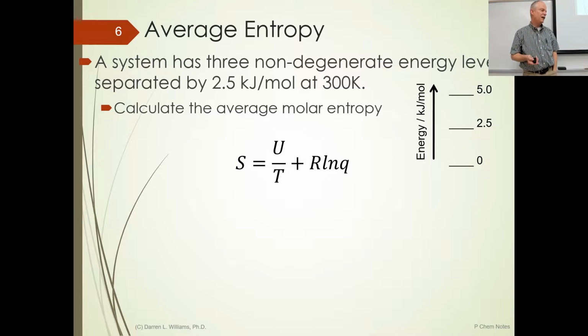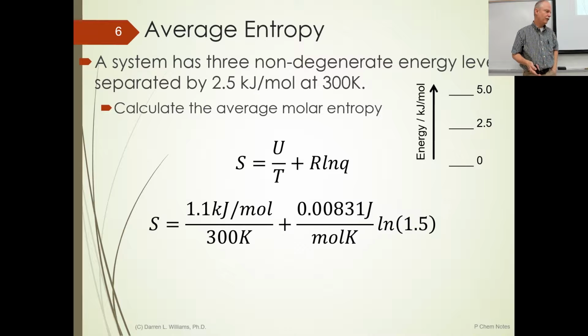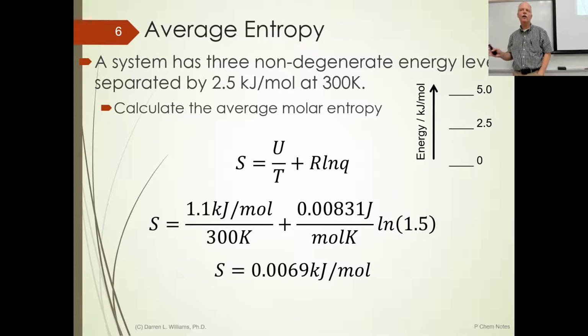And so then calculating the molar entropy, it really goes in order. So you need U to calculate S. And so you put in the U value, using R instead of k, and the partition function and the temperature. And so we get S. S values are pretty small compared to the energy values, because in most cases they're multiplied by temperature.